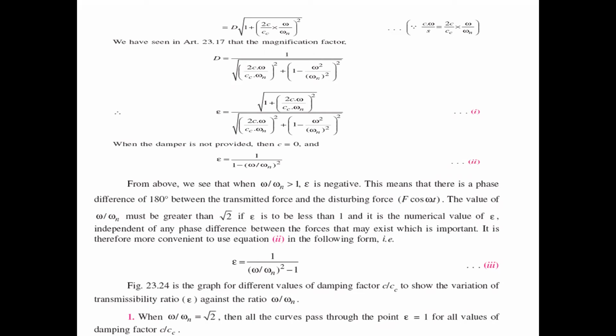So if E is to be less than 1, and the numerical value of E is independent of any phase difference between the forces that may exist, then we write small e equals 1 by (omega by omega n whole square minus 1). So the equation has to be changed here, to reduce the phase differences.